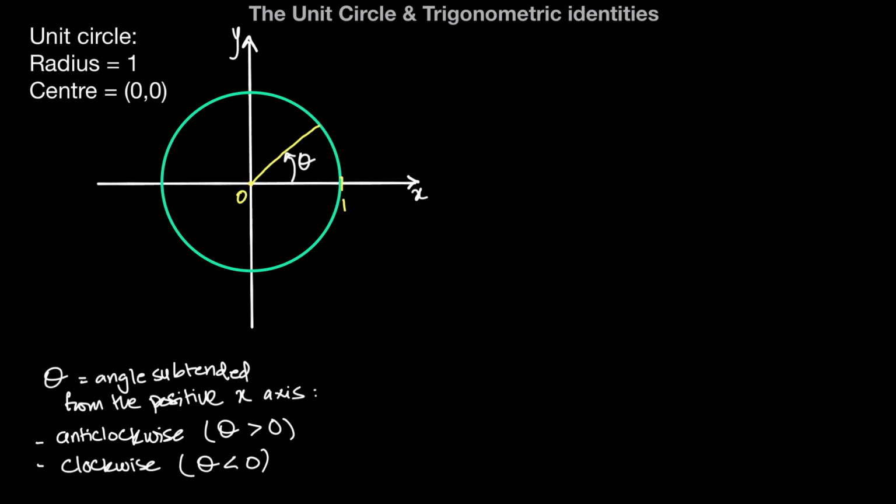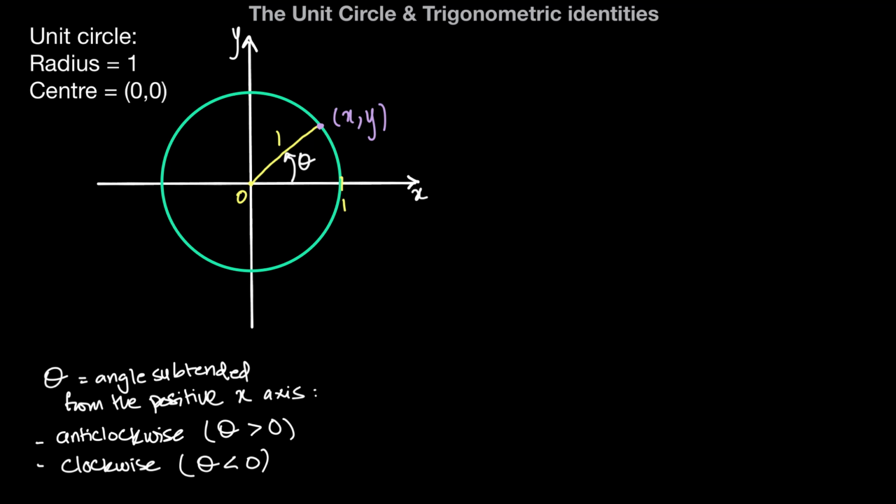Now, the question is, once I subtend this radius by an angle of theta, we want to be able to express the x and y coordinates in terms of the angle theta that we subtend the radius by. So how do I express the x and the y coordinates in terms of theta?